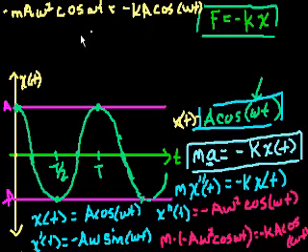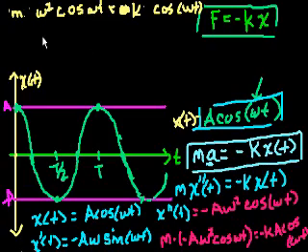Well, it looks good so far. Let's see. We can get rid of the minus signs on both sides. Get rid of the a's on both sides. Right? We can divide both sides by a. So if we get rid of a on both sides, we're left with that.